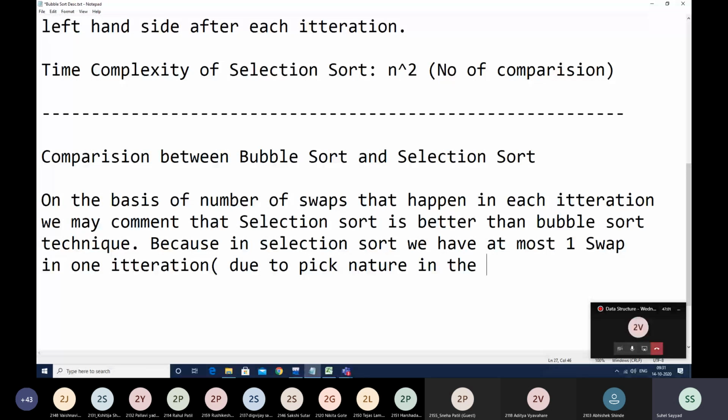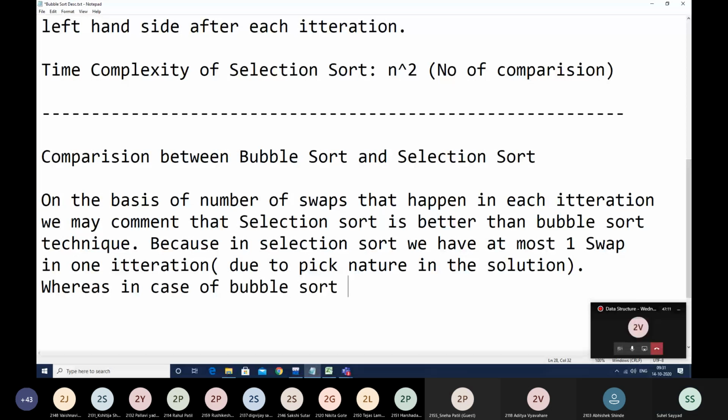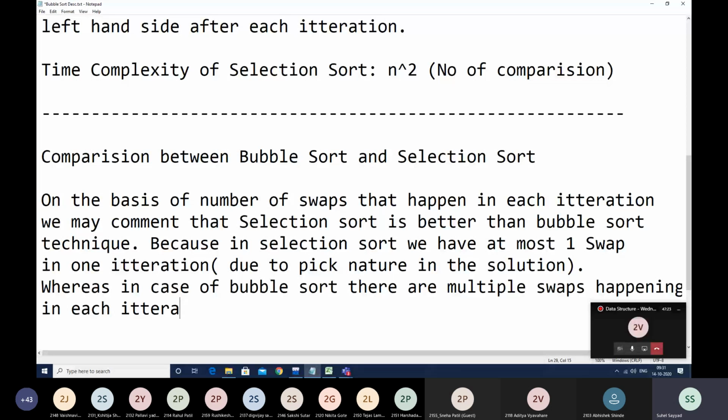Whereas in bubble sort, there are multiple swaps happening in each iteration due to the push nature in the solution.